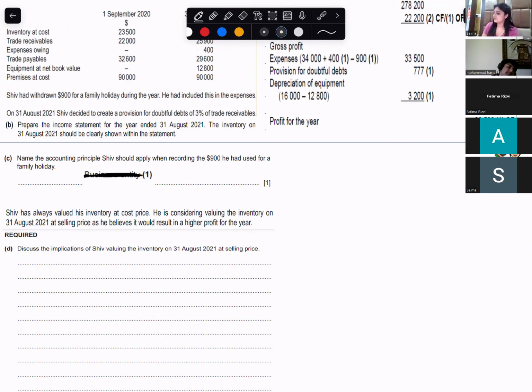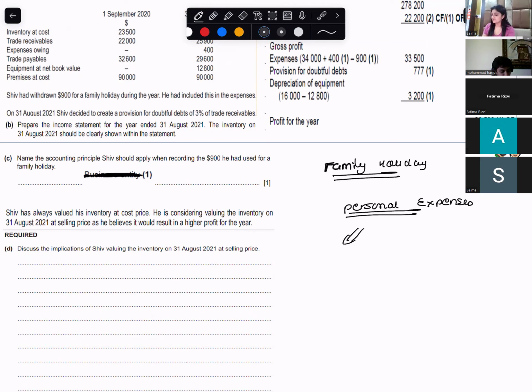So family holiday was which expense? It was a personal expense, drawings. What did he do for personal expense? He added it to expenses of the business. What did he do for correction? Subtracted it from expense. He removed it because it was personal.